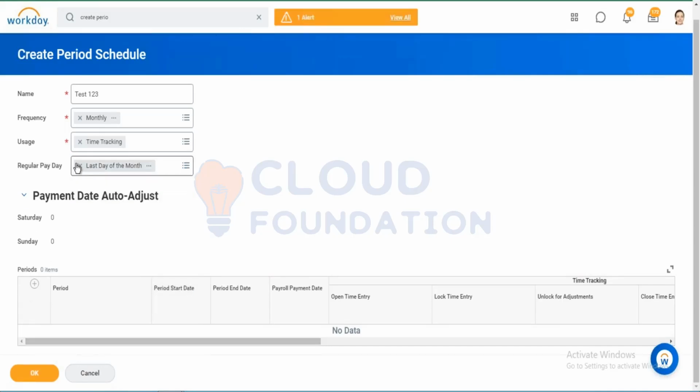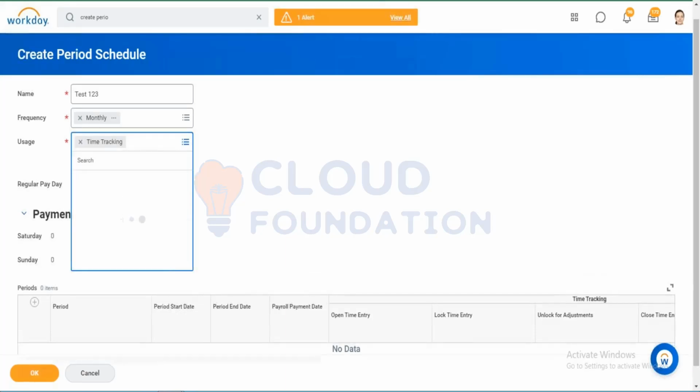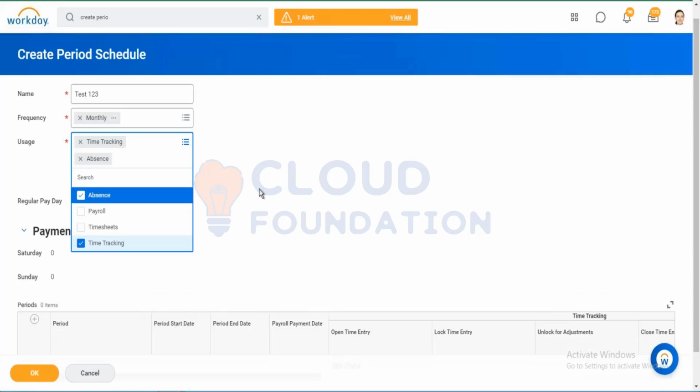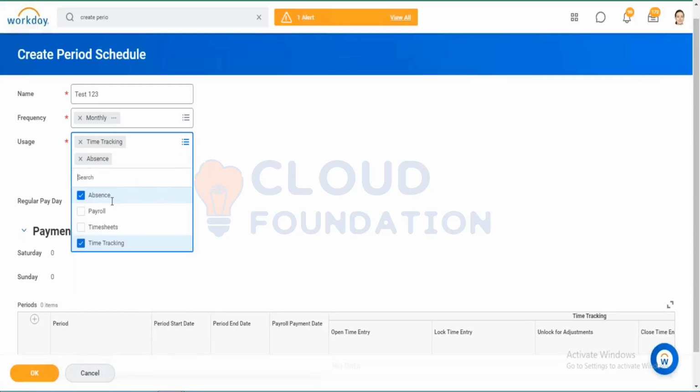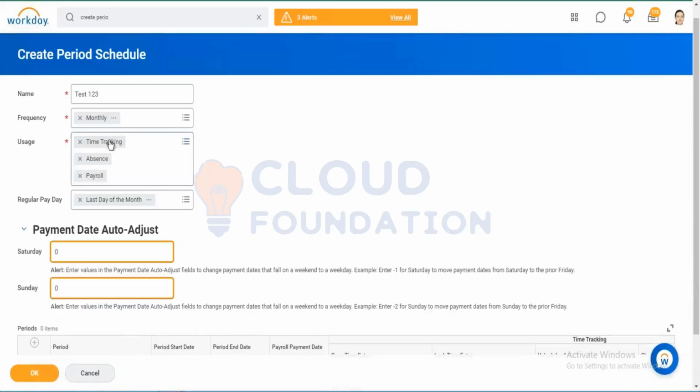If I just added time tracking, then this period schedule will be only used by time tracking. Understood? If I add absence, then this period schedule will be shared with the absence module as well as time tracking. And if I add payroll over here, then this would be using absence and payroll also.